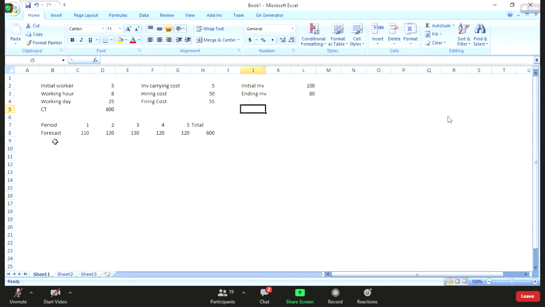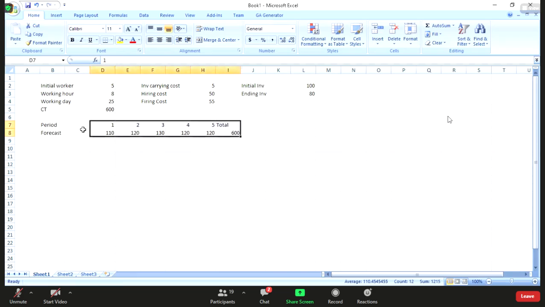From here we try to understand first. Initially we have 100 units. But at the end of period 5, the company wants to reduce the inventory to 80. So here I think we need to add period 0, to represent the current period. In period 0 there is no forecasting.